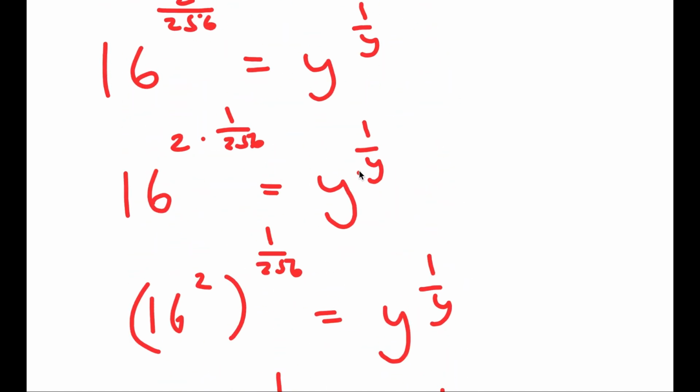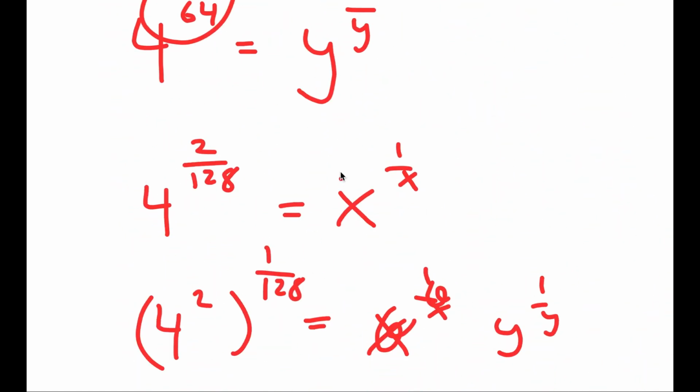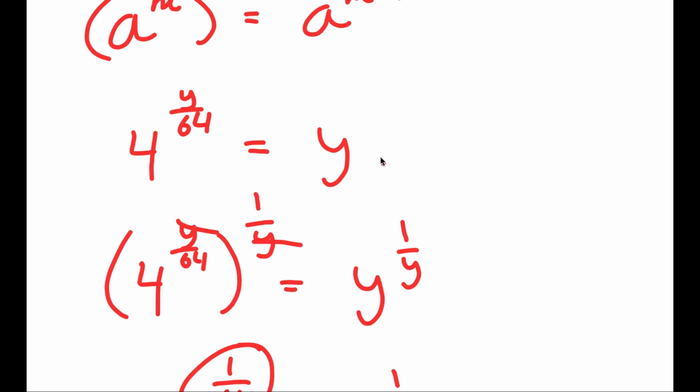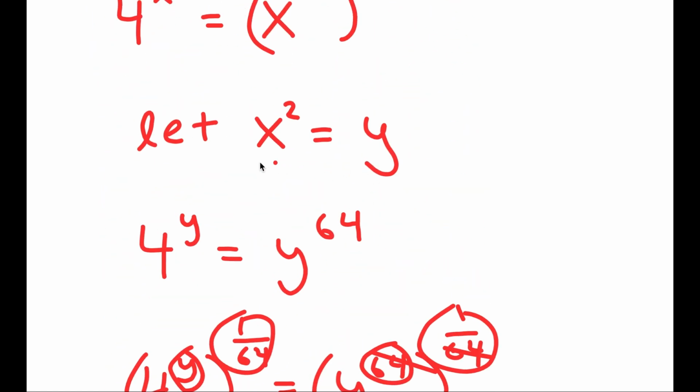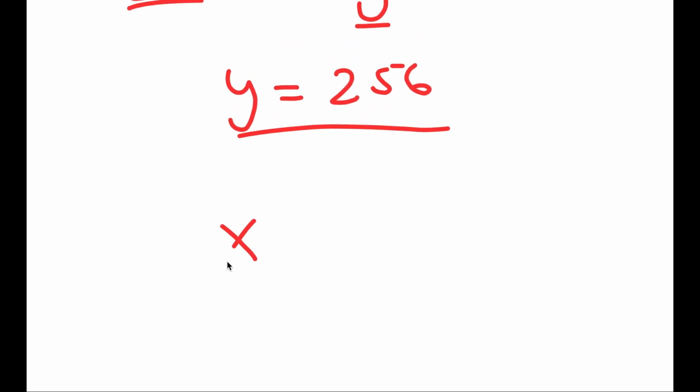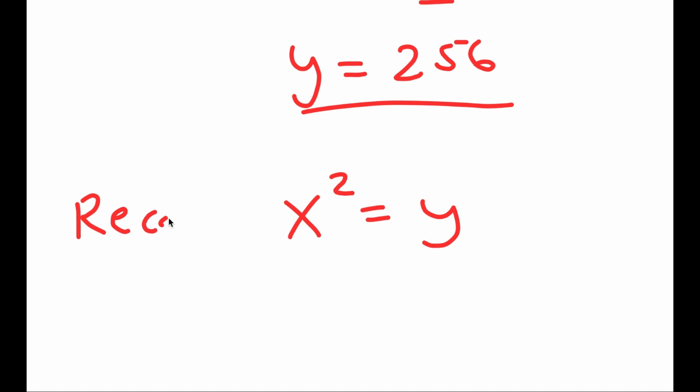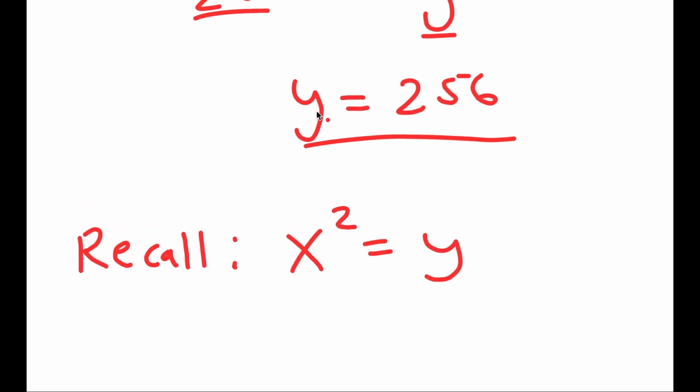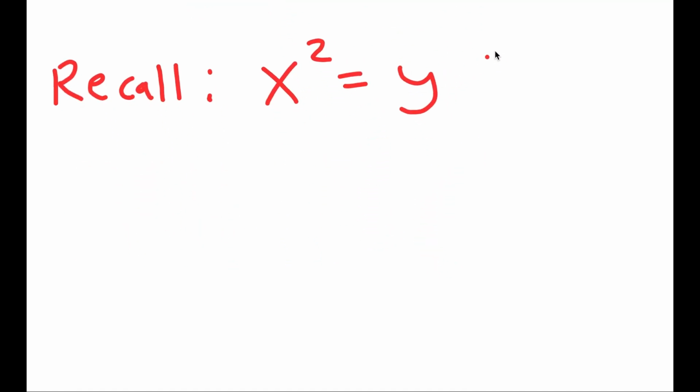Now, remember, we aren't done yet because we're not solving for the value of y. We're solving for the value of x. And going back, we have that x squared is equal to y. So if x squared is equal to y, and y is equal to 256, this means that x squared is equal to 256.